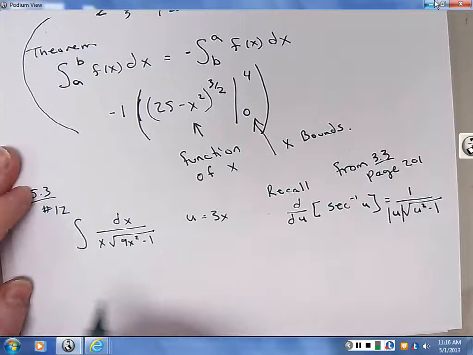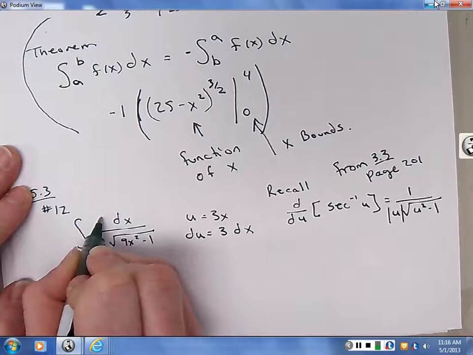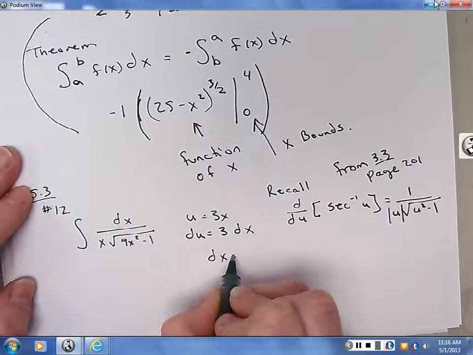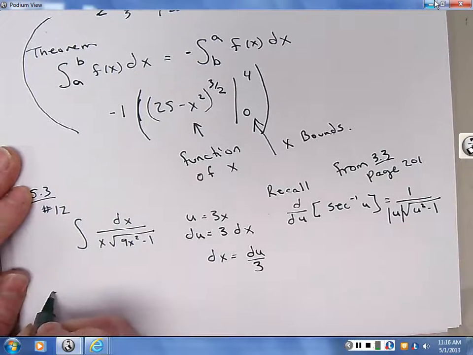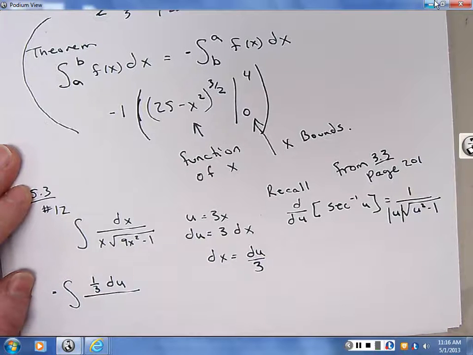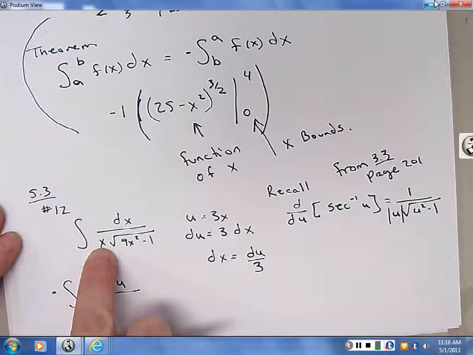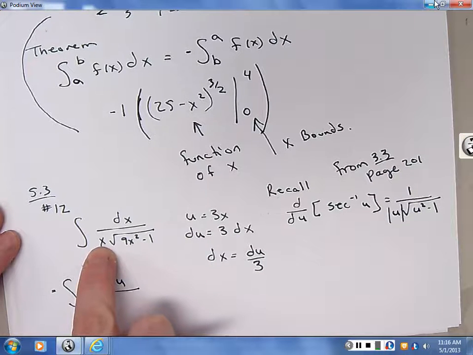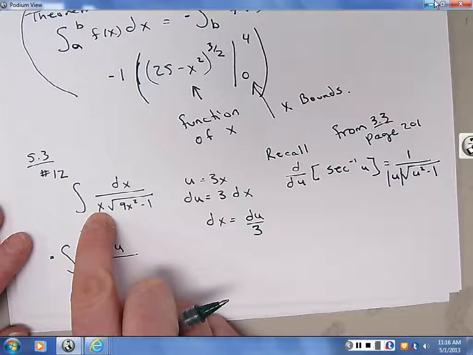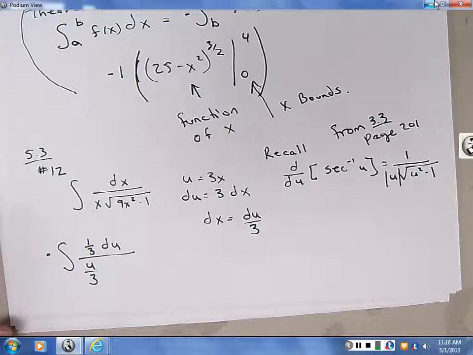So here, if I do a u substitution, then du becomes 3 dx. If I solve for dx, I have du divided by 3. So I have the integral of 1/3 du divided by, what would this x be in terms of u? u divided by 3, because I want to simplify everything.